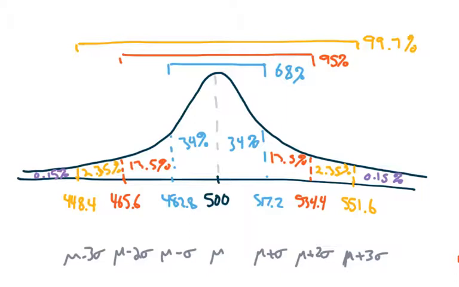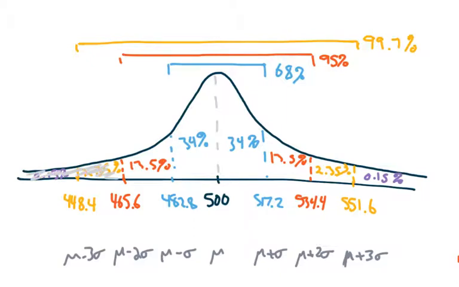So, we said the percentage of snow trolls that weigh less than this number, that happens to be mu minus 2 sigma, right? So what is the percentage of snow trolls that weigh less than this? That's going to be the sum of these two regions. These trolls and these trolls all weigh less than 465.6. We need these regions.